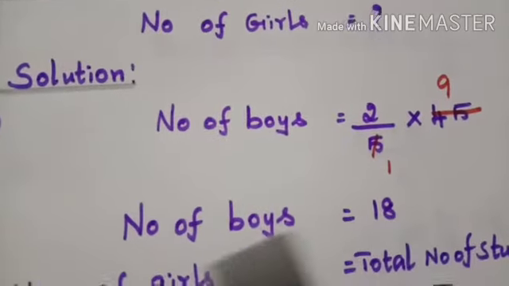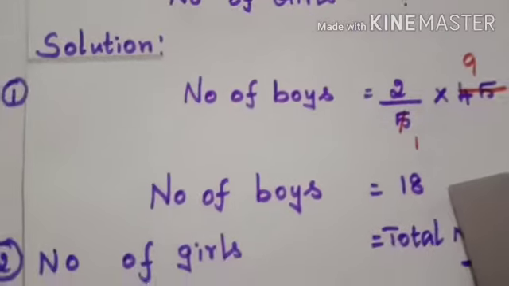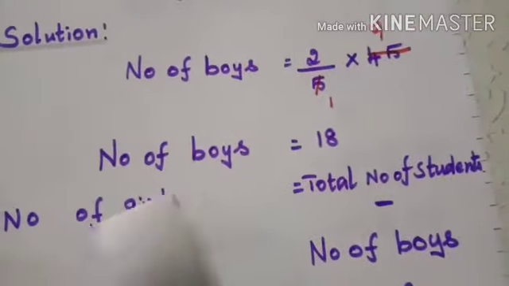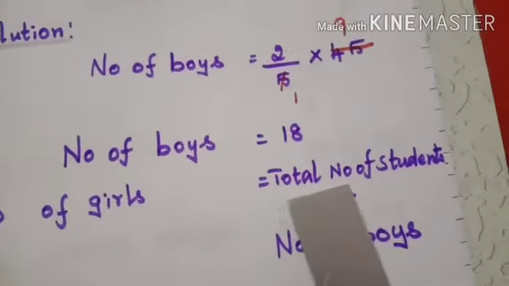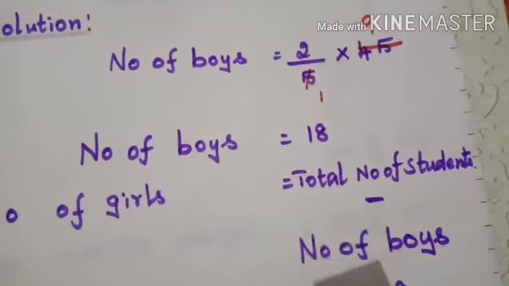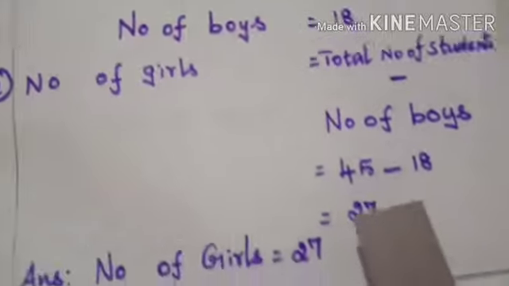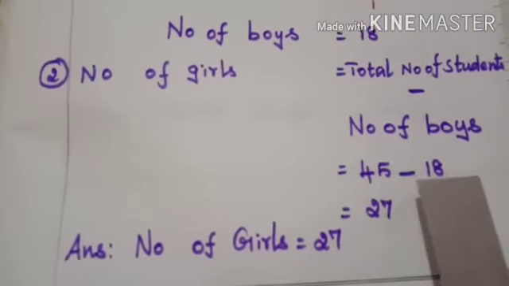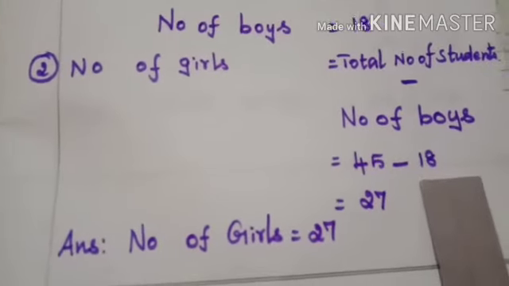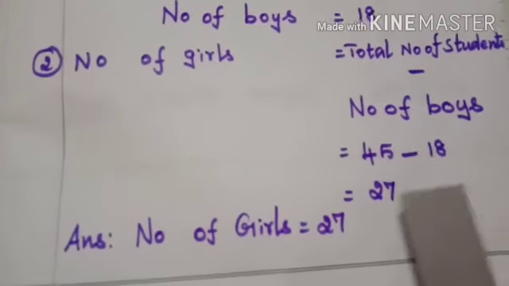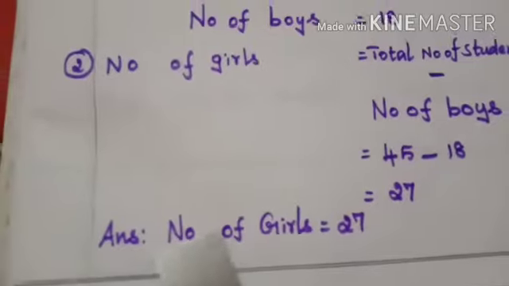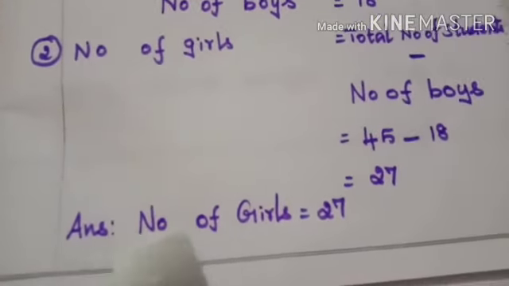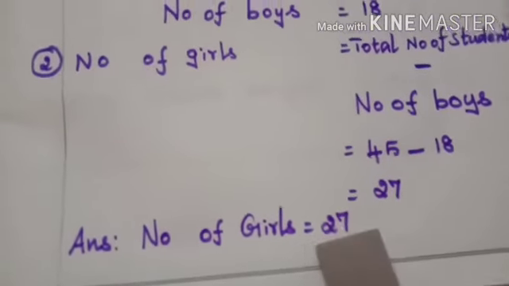So here the number of boys is equal to 18. Then we have to find out the number of girls. So number of girls is equal to total number of students minus number of boys. Here total number of students is 45 minus number of boys is 18. So 45 minus 18 is equal to 27. So number of girls is equal to 27.